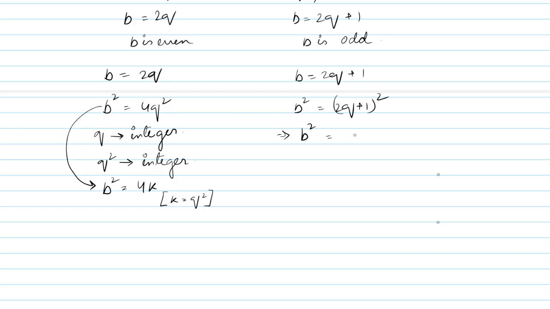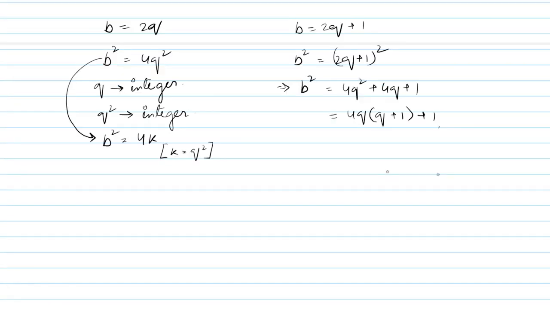Everybody watching knows the expansion, so it comes out to be 4q square plus 4q plus 1. Now we can take 4q as common, so it is 4 times q into q plus 1, plus 1. That is q square plus q.